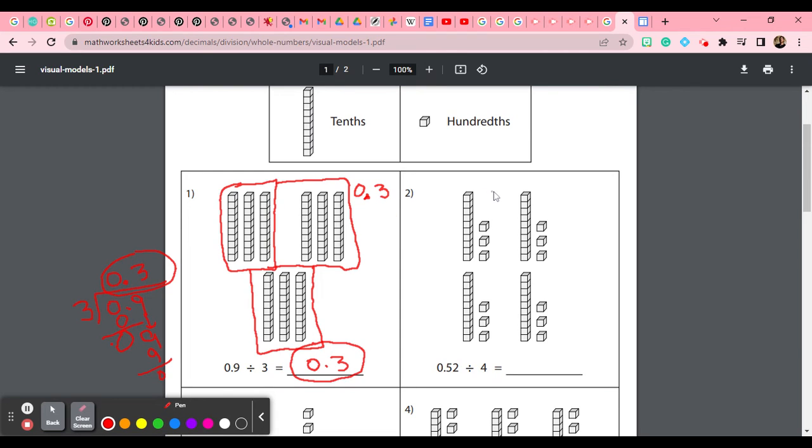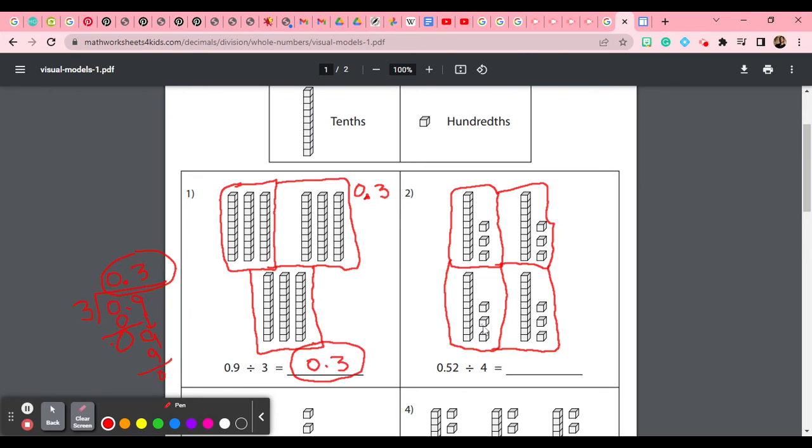We have 4 groups. And in each group, I see a 10th stick and 3 individual hundredths blocks. So let's see what it is that we have. If we count, and then we'll double check with the algorithm method. I know that each stick is worth 10, and then I have 3.